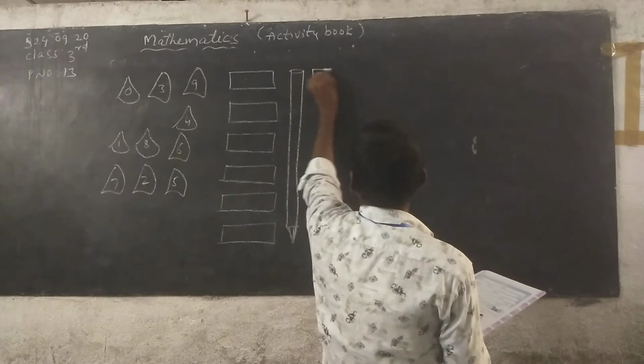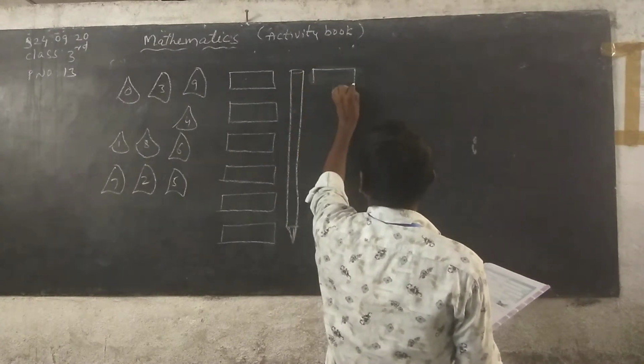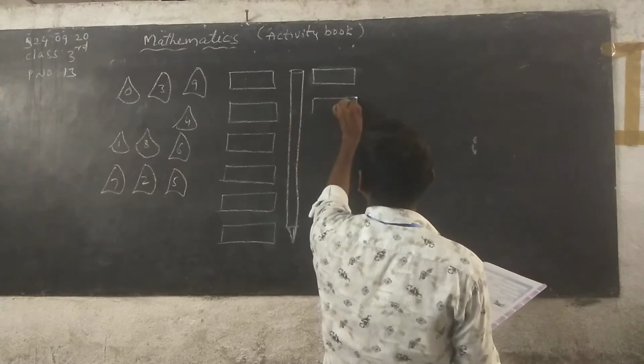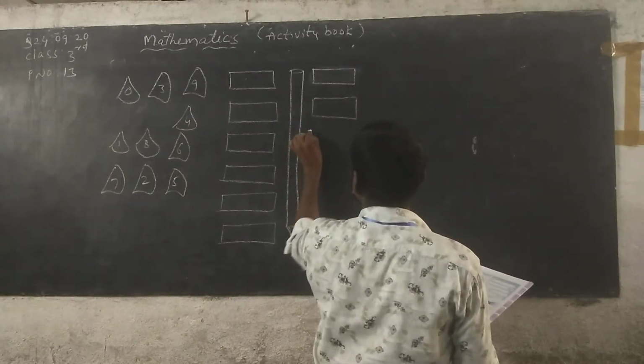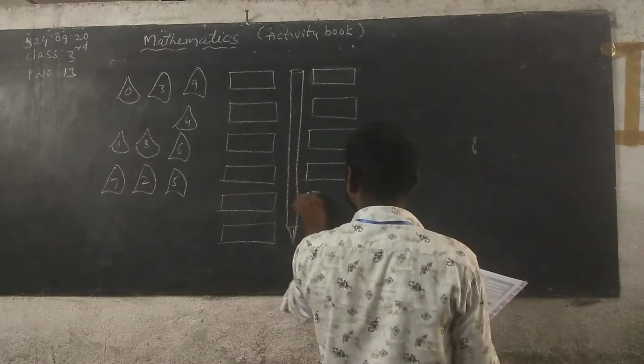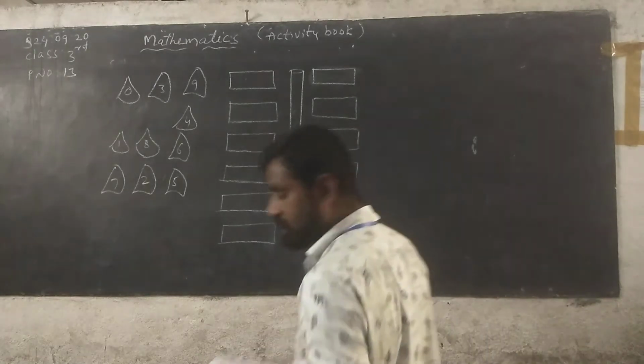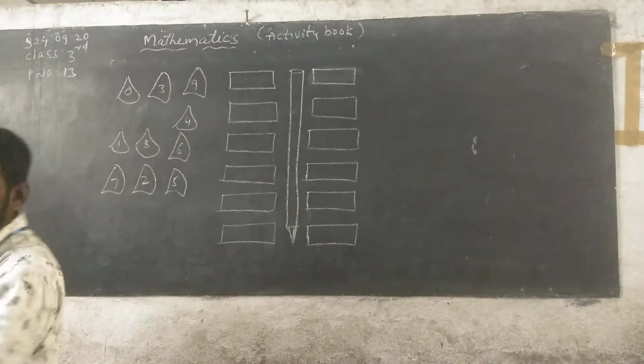Now here, 1, 2, 3, 4, 5, 6. See, by using these digits you can write.